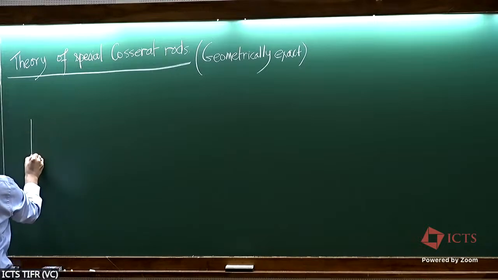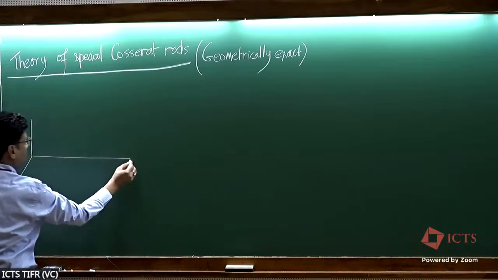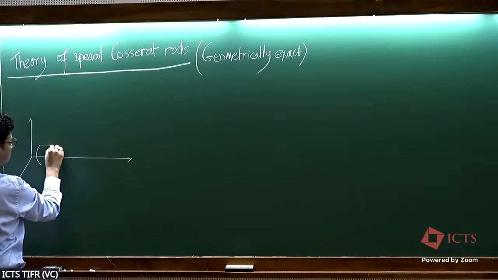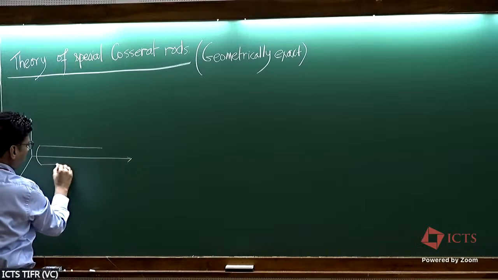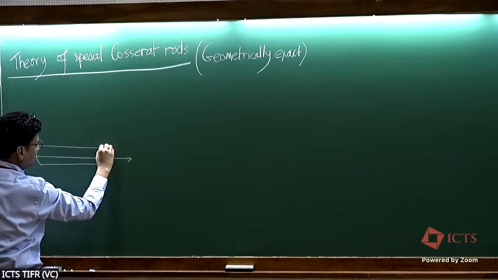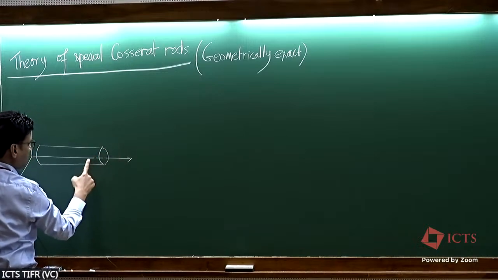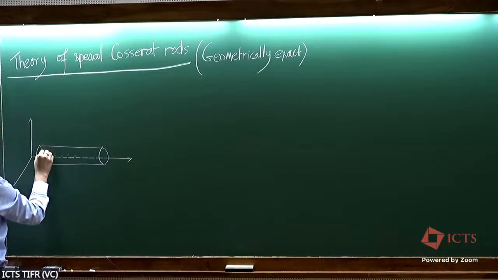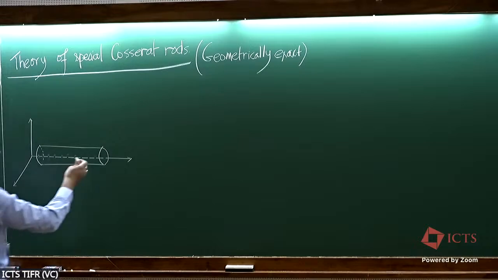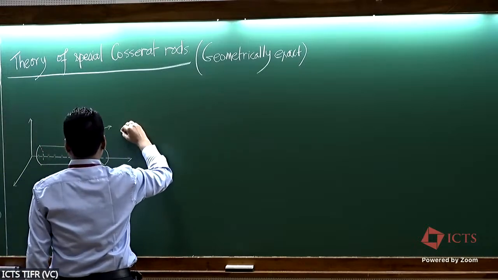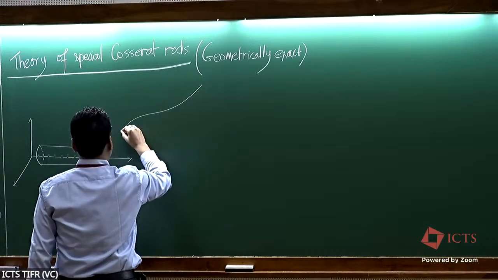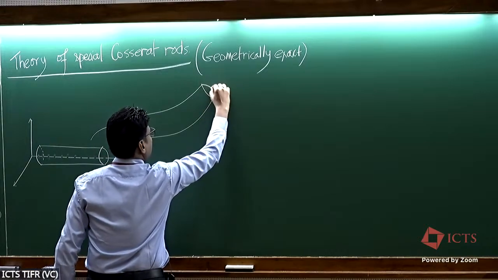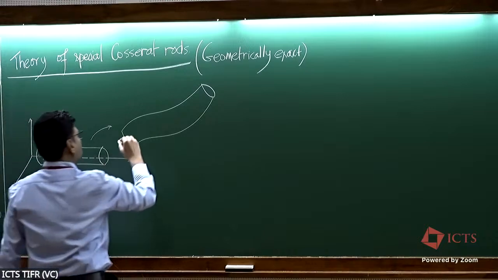Let me start with a cartoon. This is our rod or beam in the reference state. And this then gets deformed. Maybe it becomes like this. And then you have the center line also.